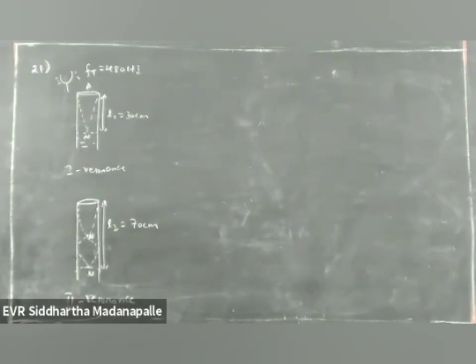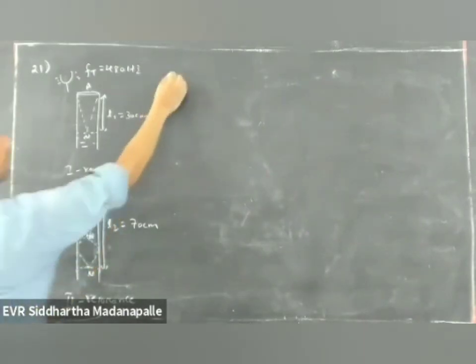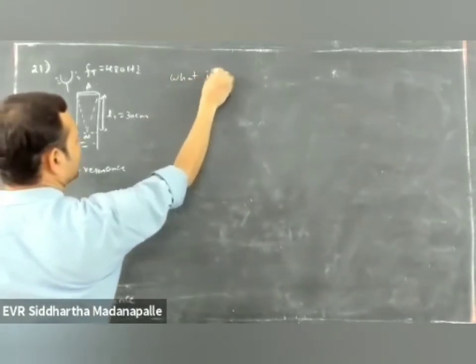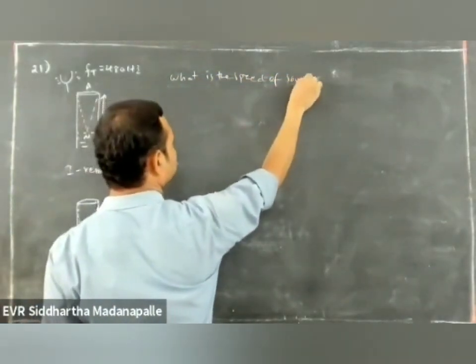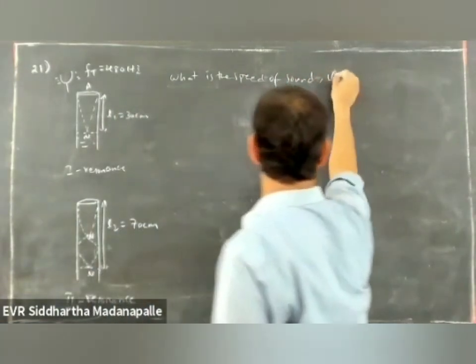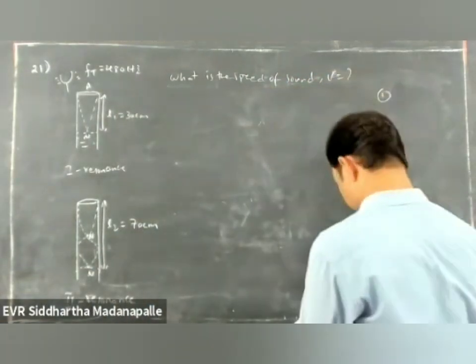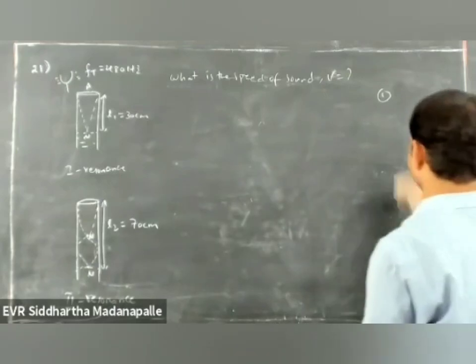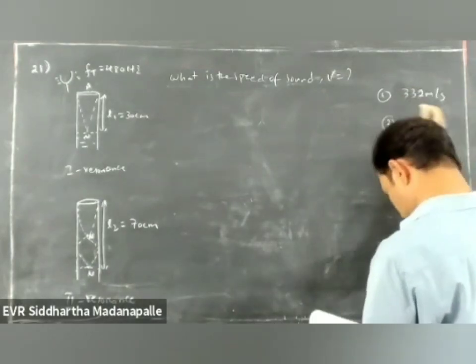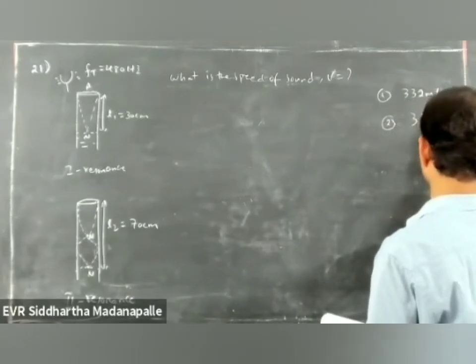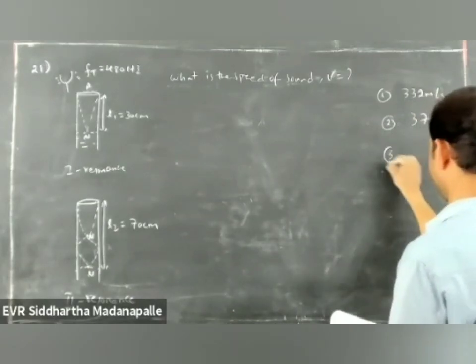Now what is the speed of sound? V value. Options: 332 meter per second. Option 2, 379 meter per second.